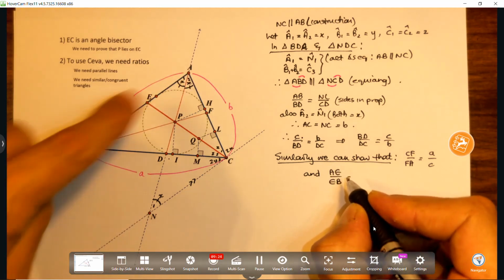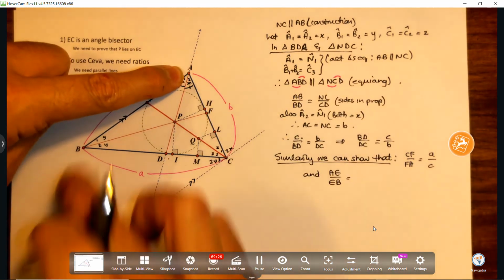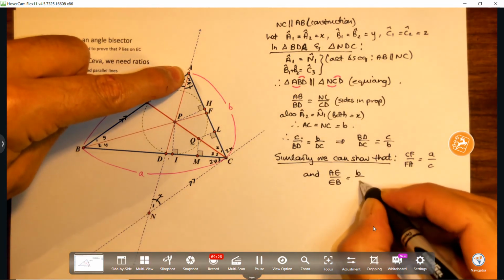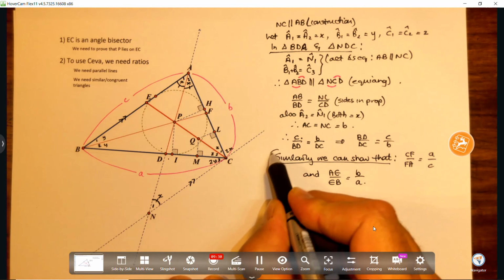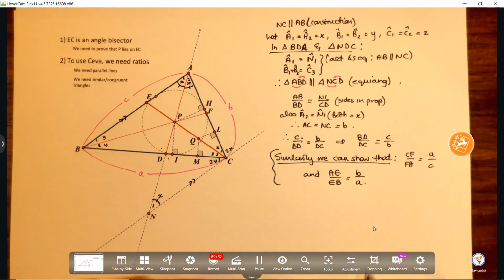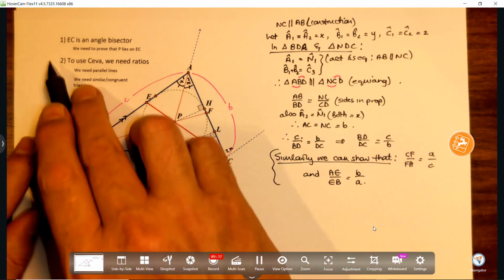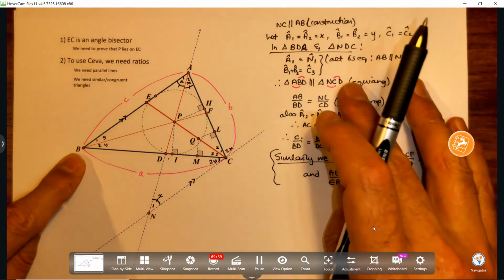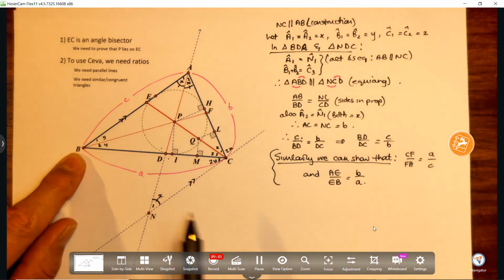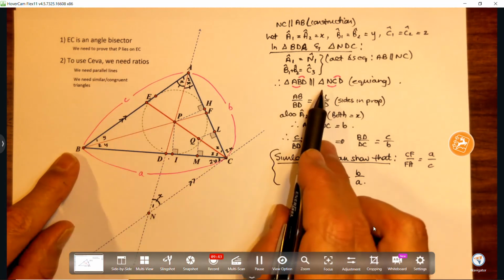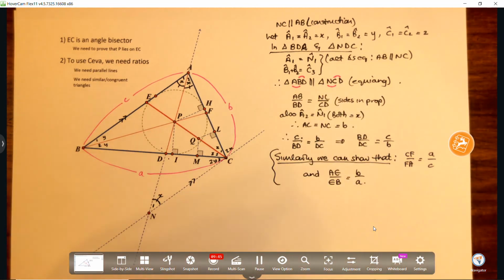AE over EB, go back to A, as B over A. Now I'm going to say this again. How can we show this? By constructing first of all a line parallel to AC through B, following the same argument. A line parallel to BC through A, produce this side, follow exactly the same argument.